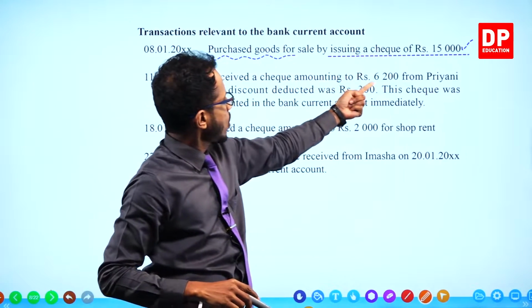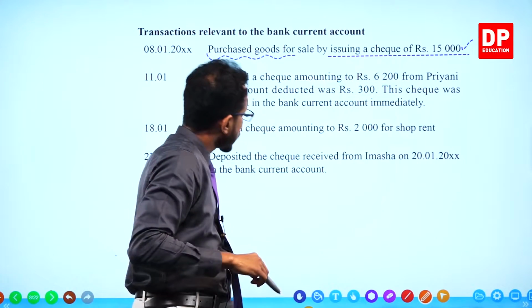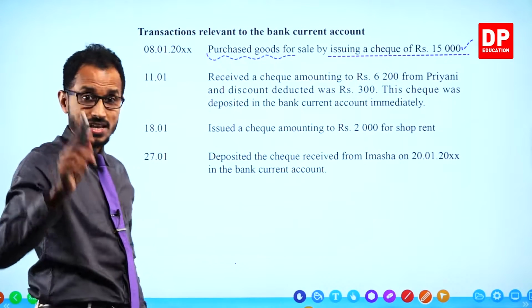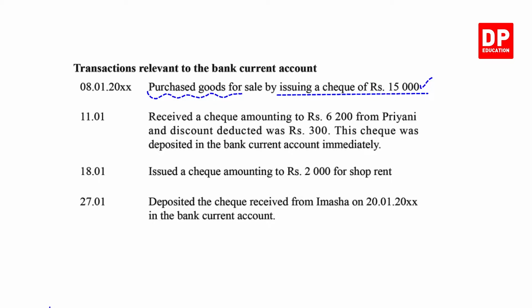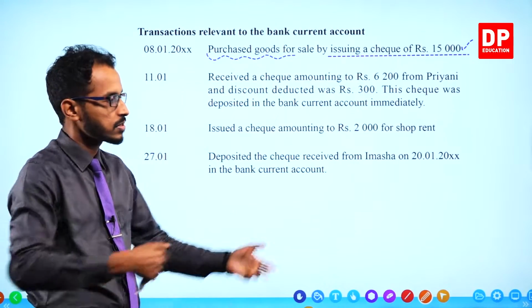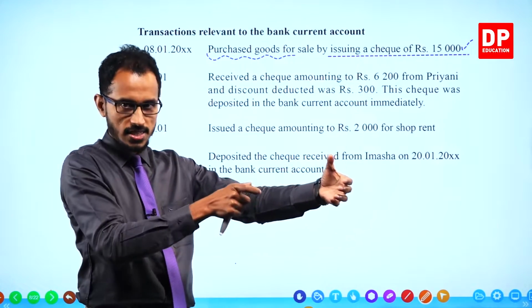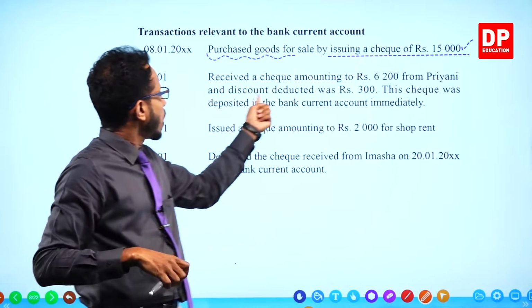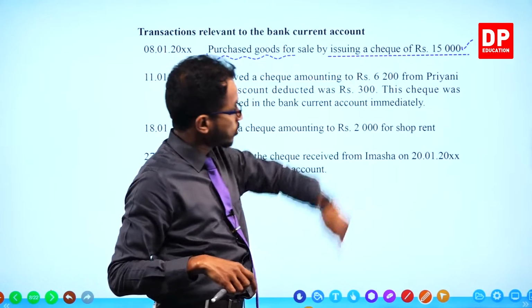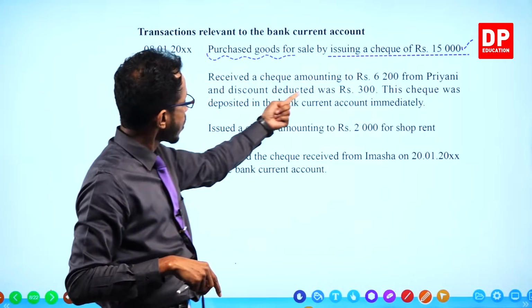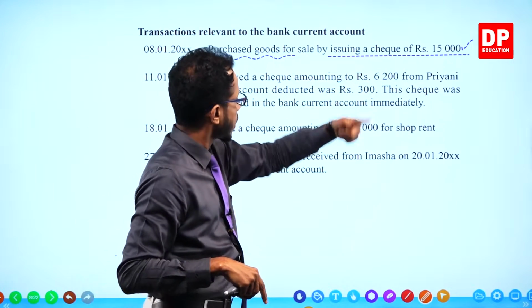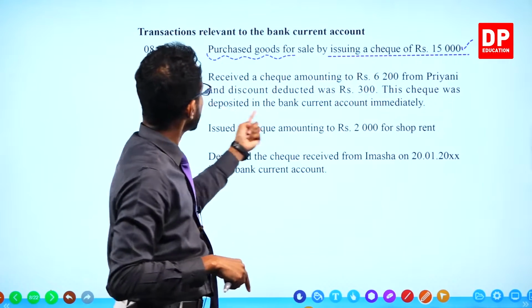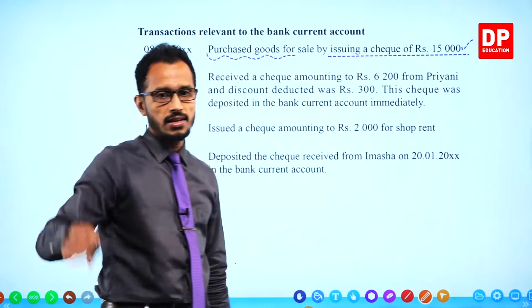Received a check amounting to 6,200 from Priyani. Remember, there is a data called Priyani. She has sent us a check. A check of 6,200. A discount was deducted, 300. This check was deposited in the bank current account immediately.